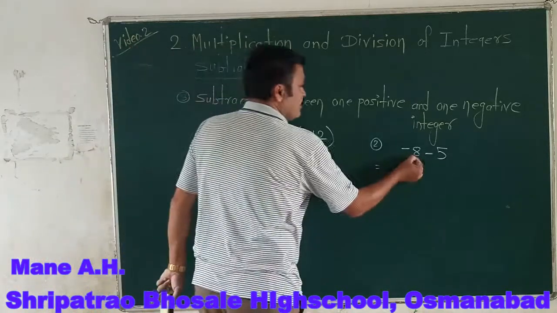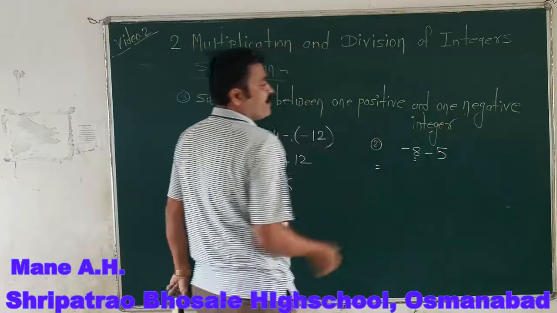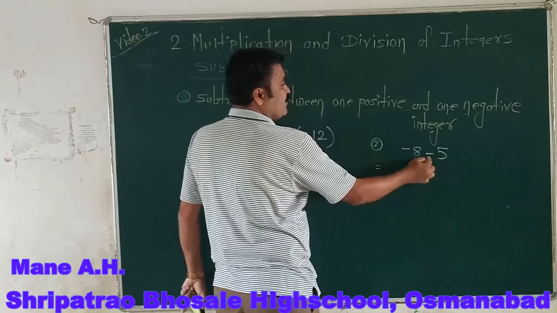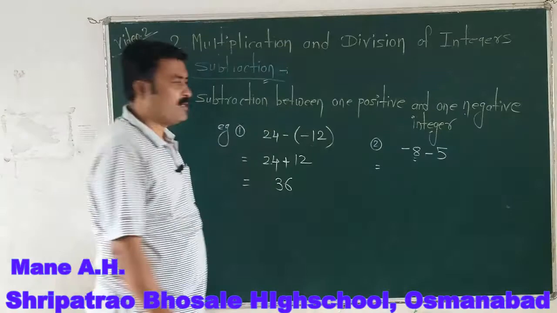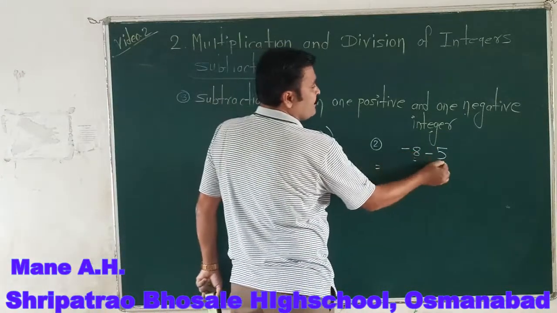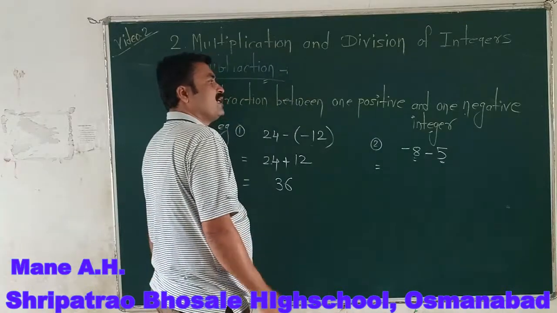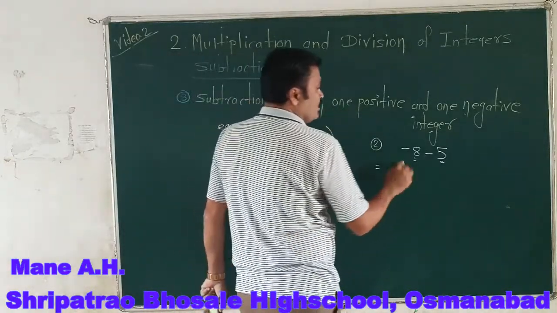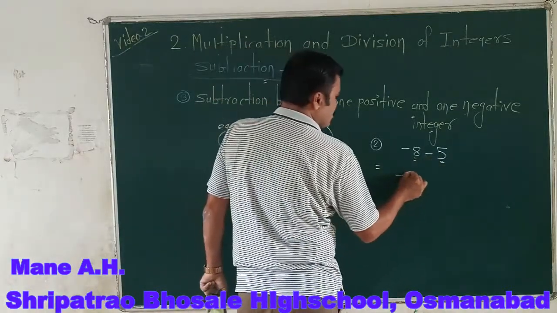Minus 8, this number is present as a negative integer, and this 5. आता या दोन संख्यांमध्ये जे वजा चिन्ह आहे हे सध्या आहे सबट्रॅक्शन प्रोसेसचा. पण हे चिन्ह जर आपण सोडलं तर 5चा विचार जर केला आपण 5 या संख्येचा, तर तो सध्या आहे पॉझिटिव्ह इंटीजर. म्हणून दोघांचा मध्ये आपल्याला वजाबाकी करायची आहे, म्हणून minus 8.